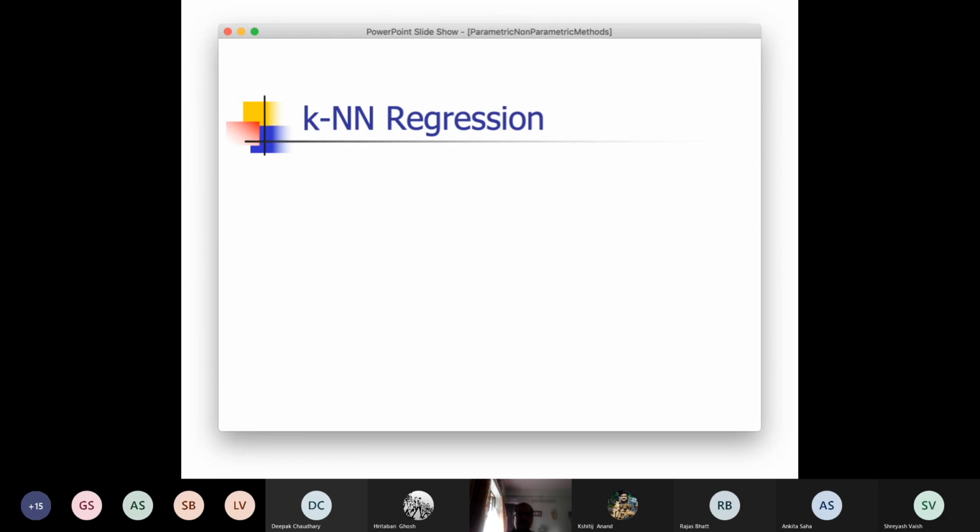Now, in a typical non-parametric method, we discussed the k nearest neighbor method. Today, we will consider the extension of that method for solving regression.